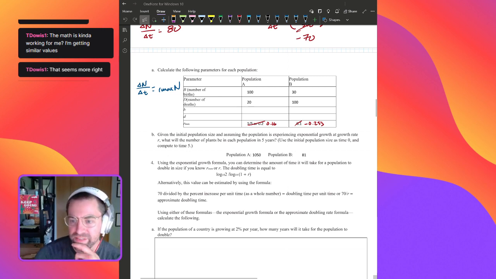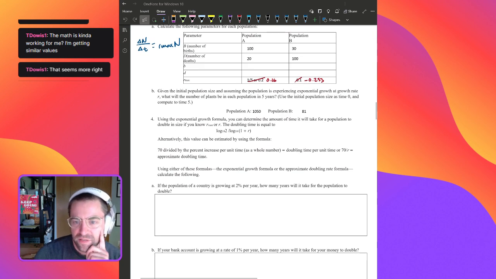All right, we're back in business. So let's see. Given the initial population size and assuming the population is experiencing exponential growth at growth rate r, we have our growth rates. What will the number of plants be in each population in 5 years?